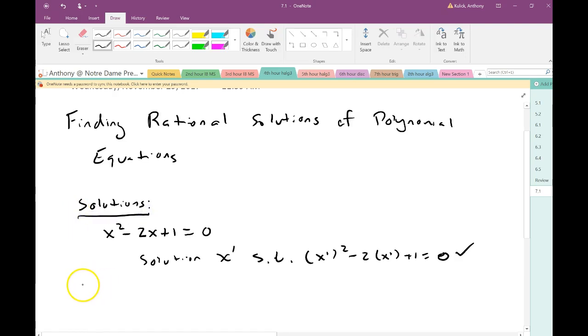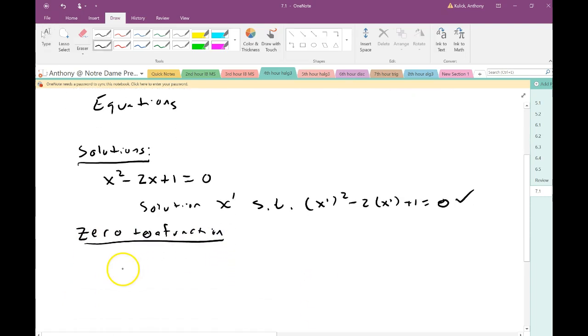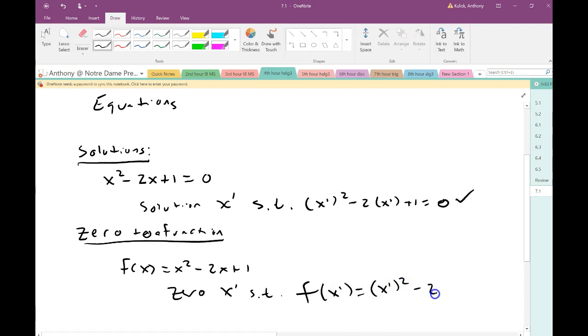This same x will also act as a 0 to a function. So remember, the definition of a 0 is, if I have some function, an x such that when I plug that x into my function, it comes out to be 0.